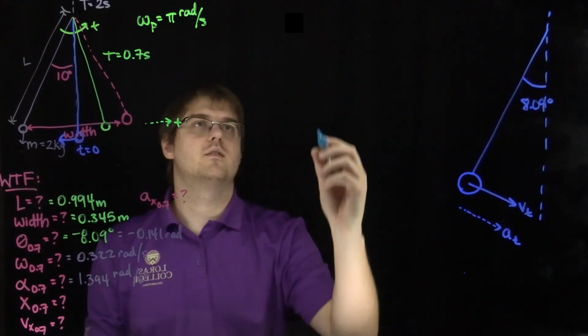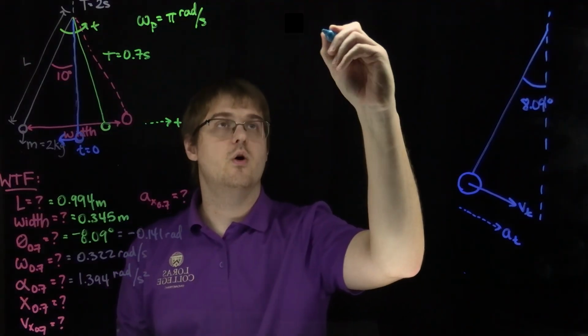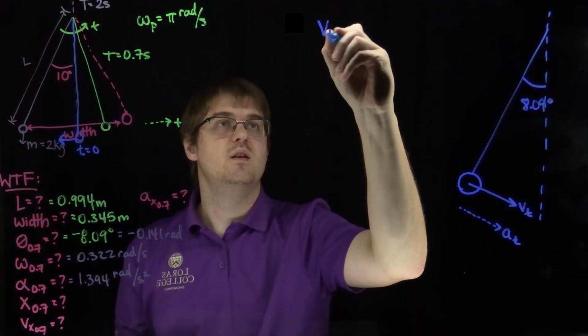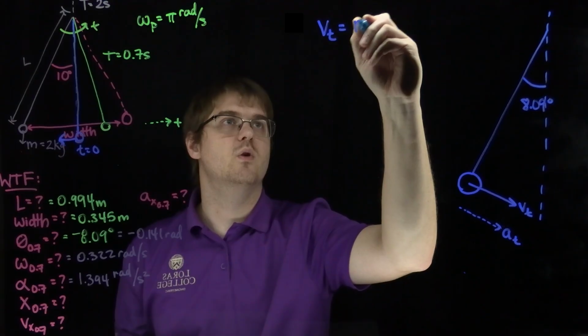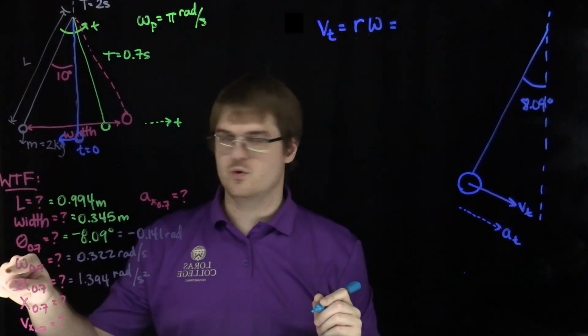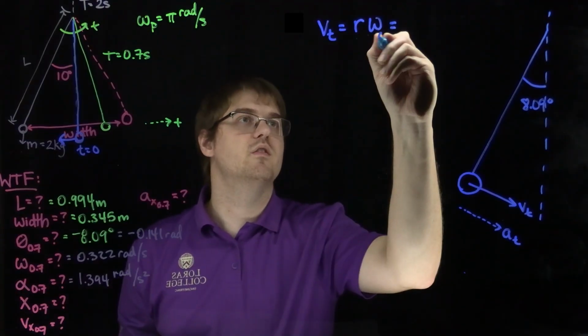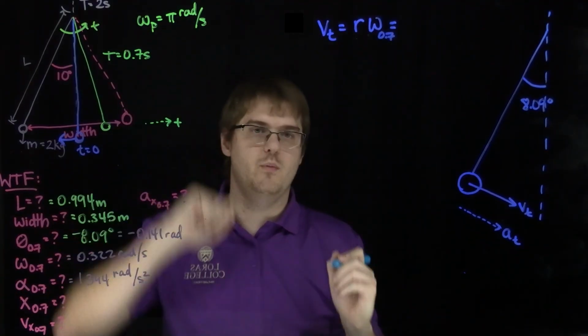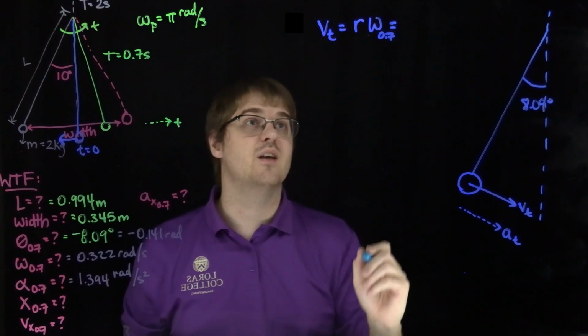I know that my velocity total is just going to be equal to r times my omega, which again, make sure we're using our omega at 0.7 seconds. We don't want omega pendulum, that's talking about something else entirely.